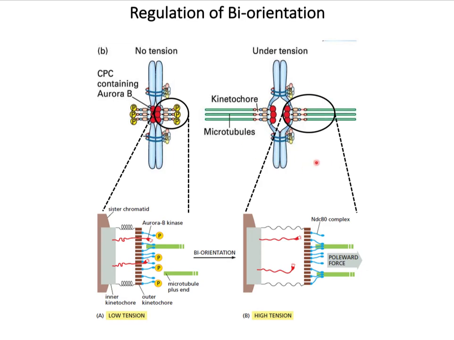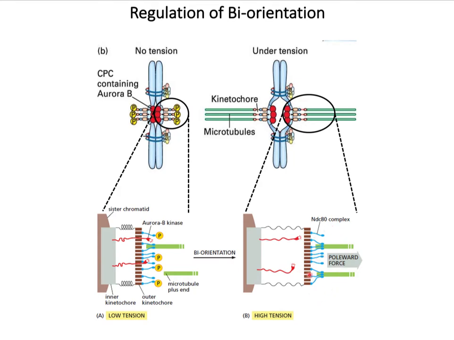And when that happens, the Aurora B kinase cannot phosphorylate the proteins within this kinetochore region. That causes the association of the NDC80 complex with the kinetochore proteins to become very, very strong. It stabilizes the chromosome and it creates a tension. It is a very stable structure.